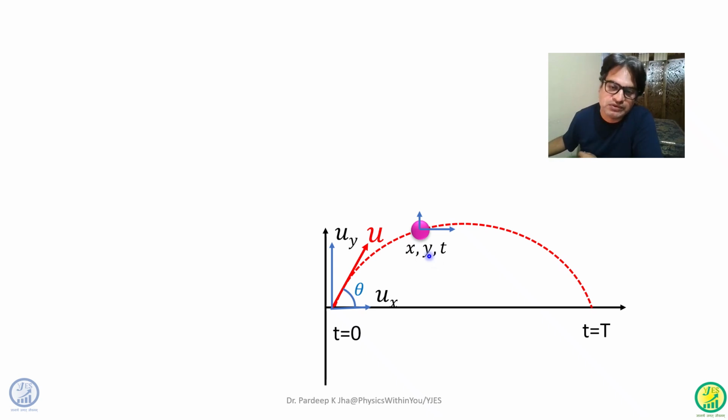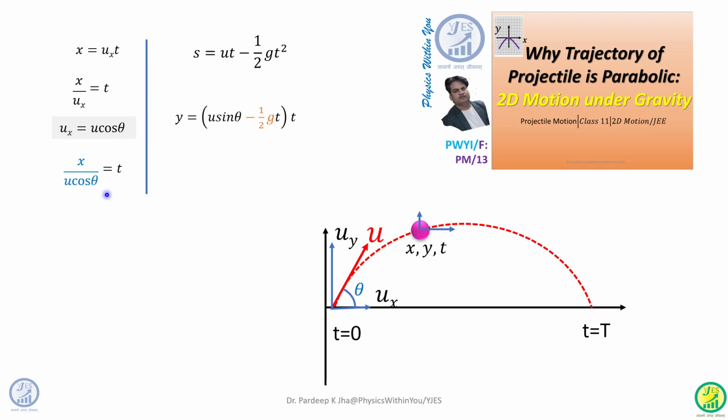So we have the coordinates x, y, and t, and naturally when the body moves, the ux component will remain the same, but the vertical one will vary, as you can see in this case. We have done how to find x as well as y in the last video, where we talked about why the trajectory is parabolic.